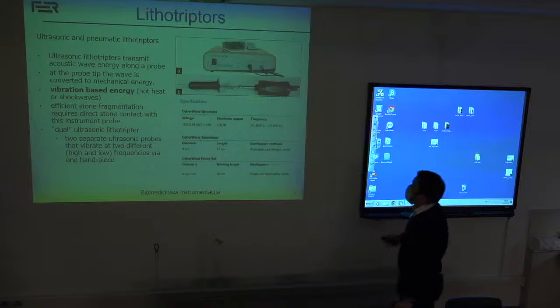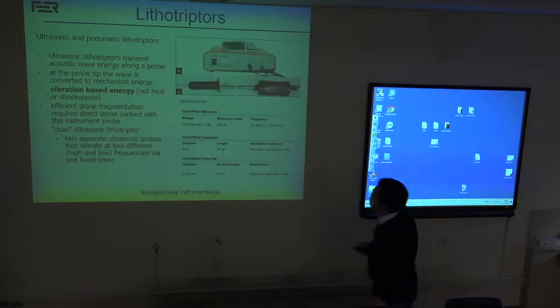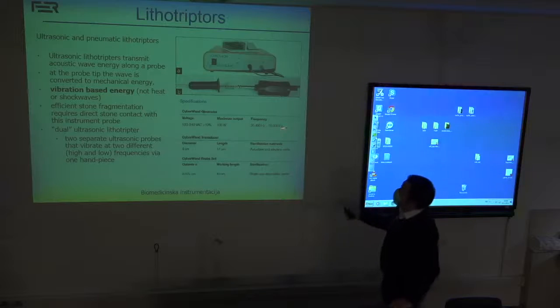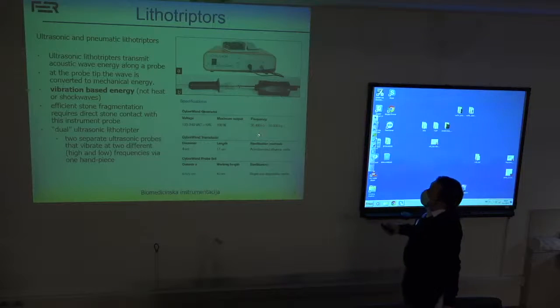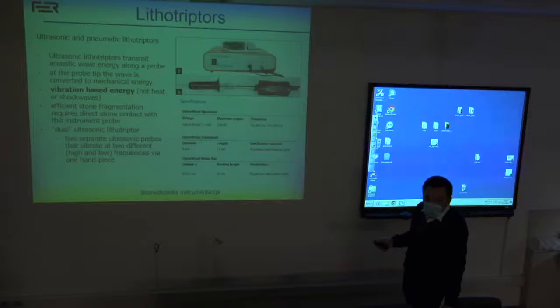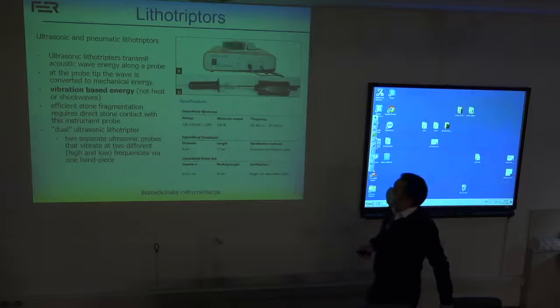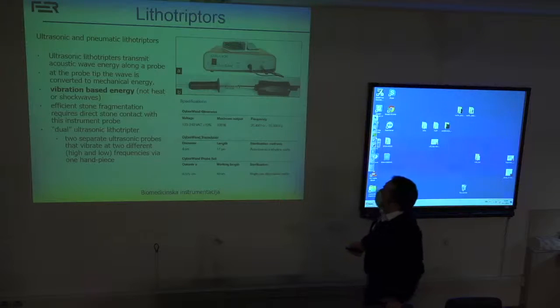But when we have a look at these frequencies, you can see that the frequencies are not that far away. It's from 20.4 kilohertz to 22.2 kilohertz. So it's obviously in the lower part of the ultrasonic spectrum.